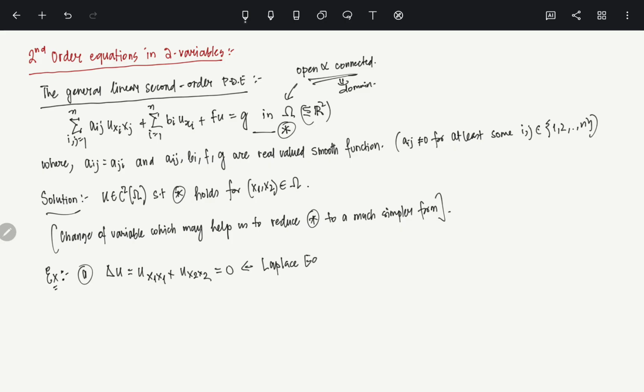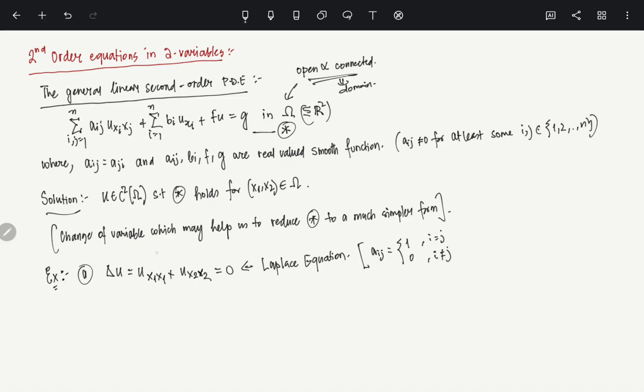And we are going to study this equation in detail for the next week, but essentially this is the equation. Now the point is, what do we do with the Laplace equation? If you compare it with the star, a ij is nothing but 1 when i equals j, and if i not equal to j, it is 0.